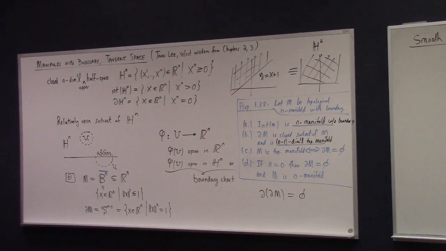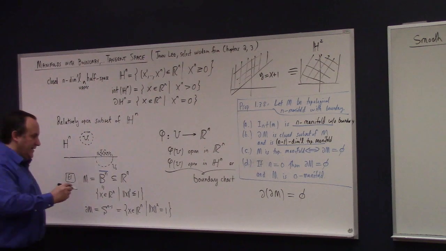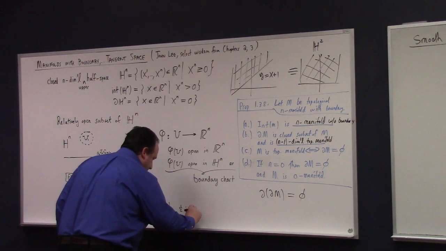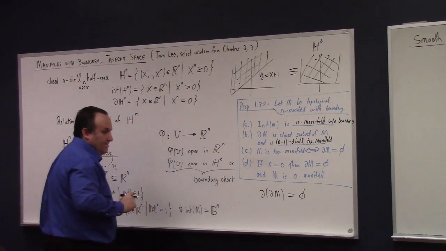It's a general topological notion. So the closed n ball, the boundary of which is the n minus 1 sphere, the interior of which is the open n ball, which is just Bn. So int M here would just be that.